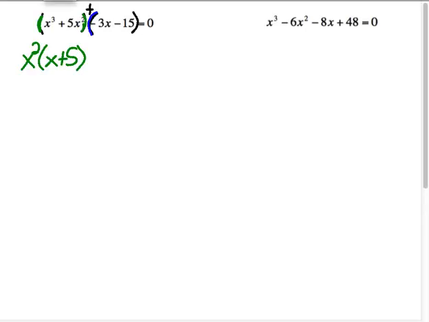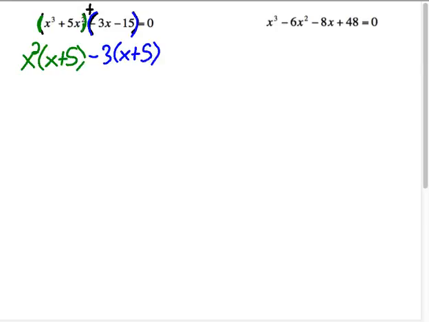In the second one, if I just pull out a 3, notice what I have left. So I want to pull out more than just a 3. I'm hoping you recognize pretty quickly here that what I really want to pull out in order to make these things match is actually a negative 3.